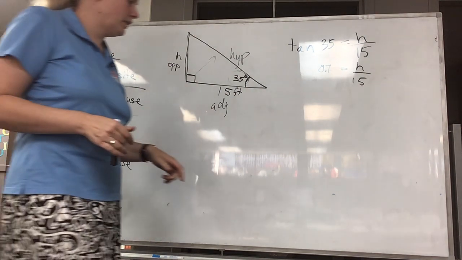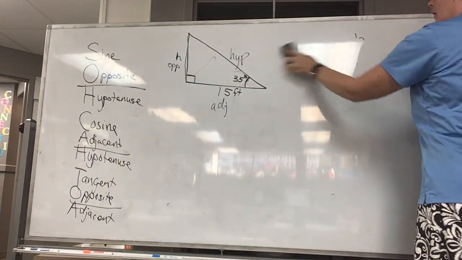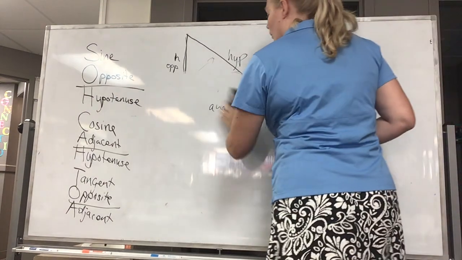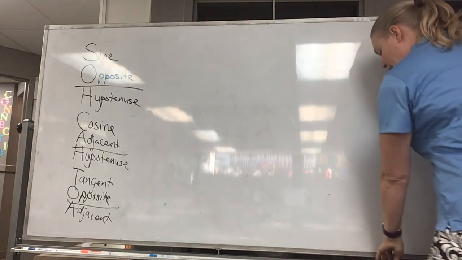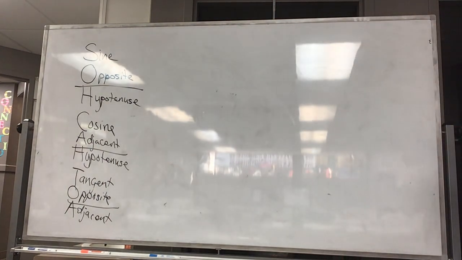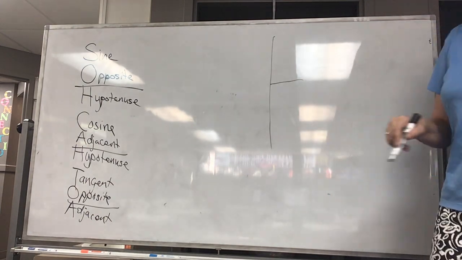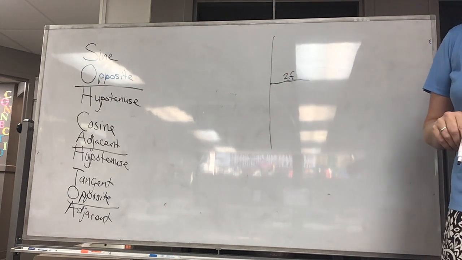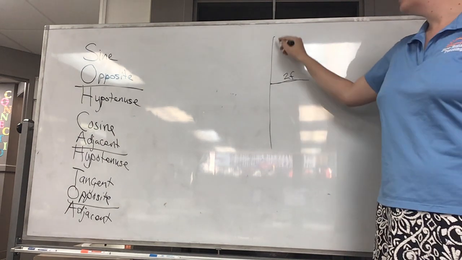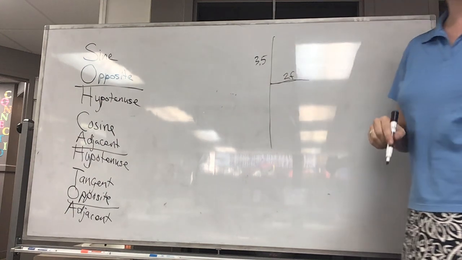Word problems are going to come with this. A classic one says that a store wants to hang a sign outside their front door. The sign is 2 feet across, and their anchor point is 3.5 feet above the sign.